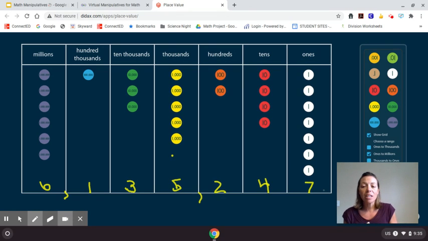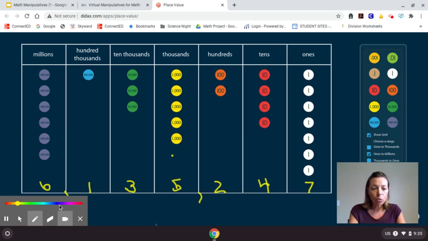So now we want to take a look and see what the digit values are. How much are these digits worth? What is their value? If we're counting by ones, we're still going to count a 7 because the value is just 7 in the ones column. When we get to our tens column, we have to count these discs by tens. 10, 20, 30, 40.